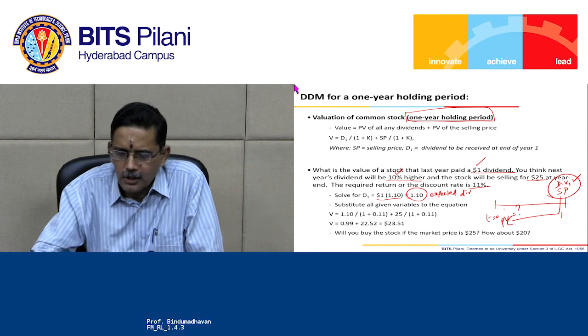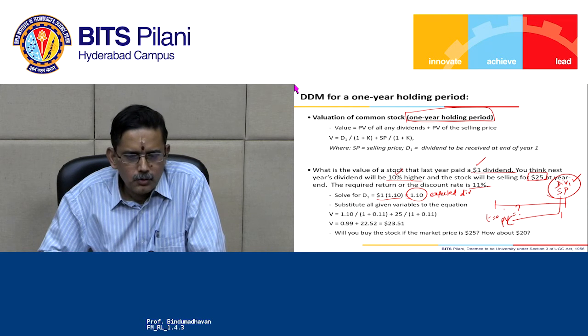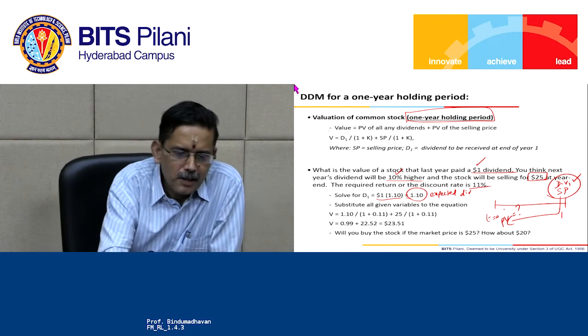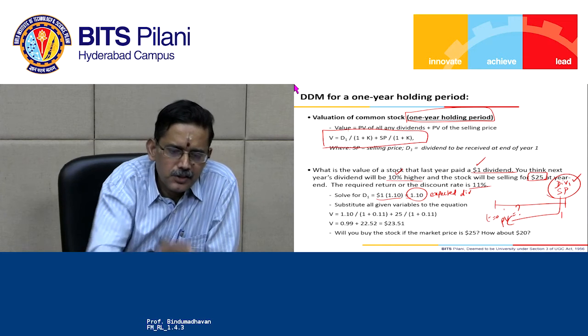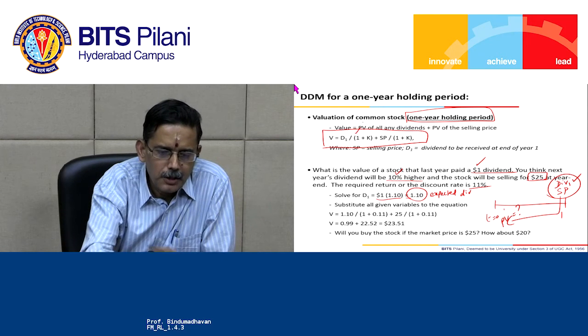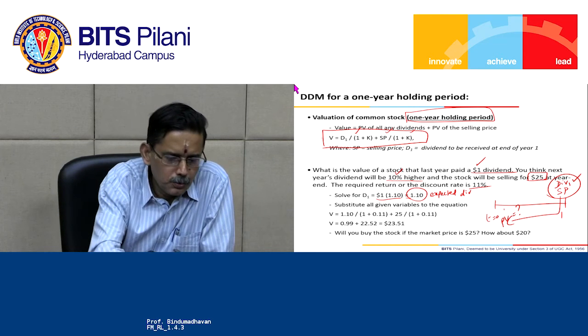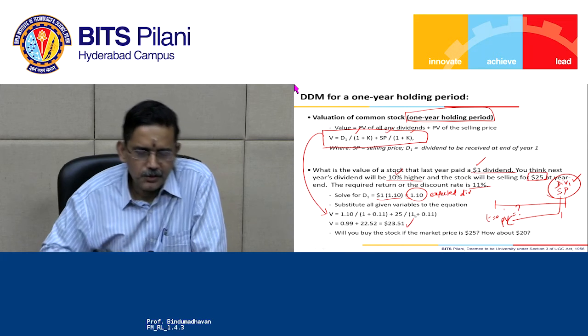And then we know that selling price is already given in the problem, $25. So therefore we can find the fair value. So I have captured that in a formula here, which is the dividend next year divided by 1 plus k, plus the selling price divided by 1 plus k. So substituting all the data in the formula, we get the answer as 23.51.